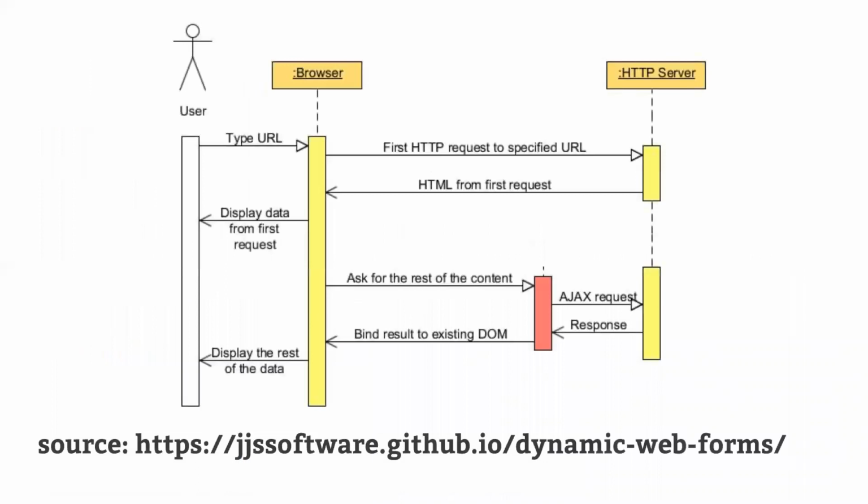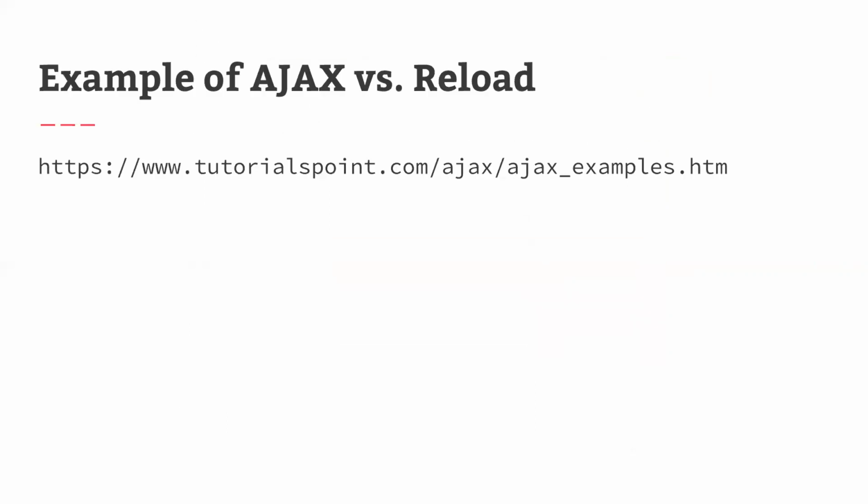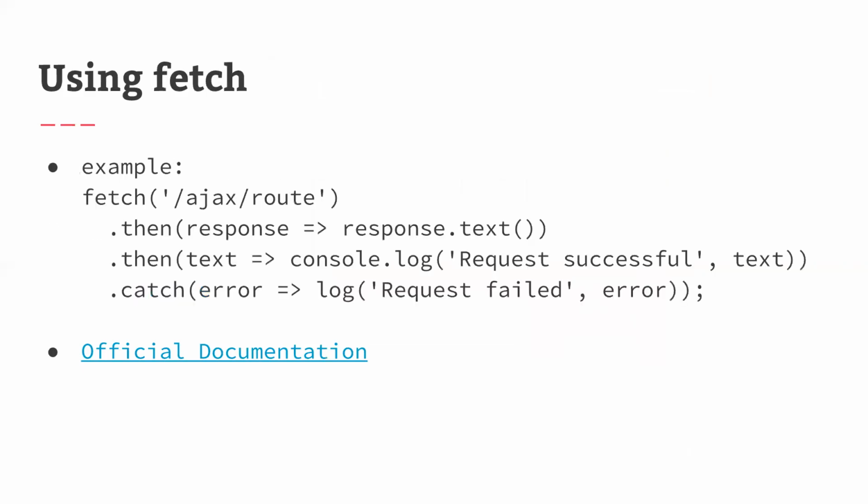You can do it on your server, but that's usually if your server is trying to get stuff from another server, say from a third-party API or something like that. But again, this is not running in Node. This is running on your client.